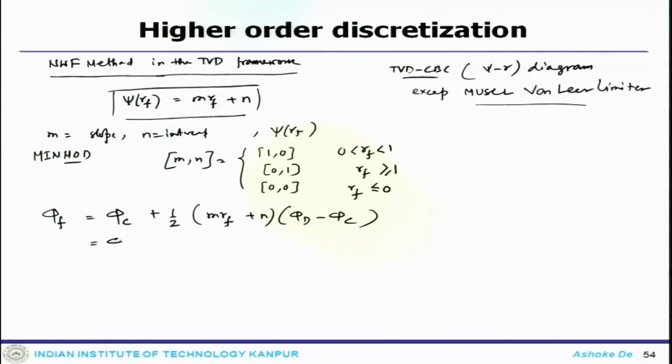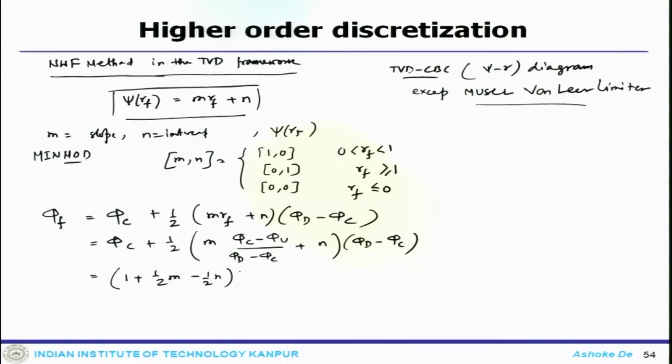One can do a little bit of algebra here, which gives half of M times phi c minus phi u divided by phi d minus phi c plus N times phi d minus phi c, which will again lead to 1 plus half M minus half N phi c plus half N phi d minus half M phi u.